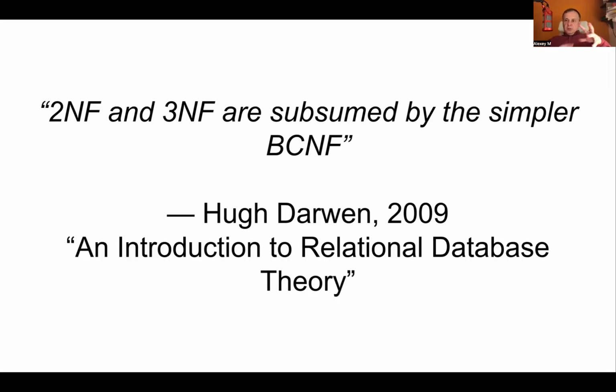They should have been taught as one, but unfortunately it doesn't happen. That's a separate thing about the relational theory that I'm going to talk about some time. But we're basically talking about all three.